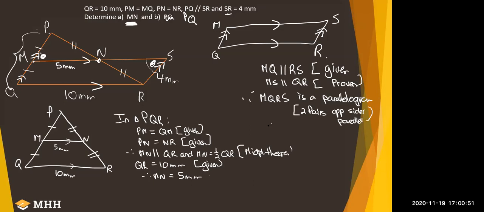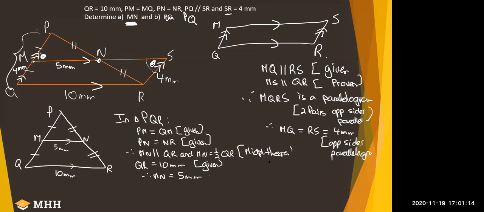And therefore, I can say MQ will be equal to RS will be equal to 4 millimeters because they are opposite sides of a parallelogram. You see, that one is 4 and this one is going to be 4 millimeters.